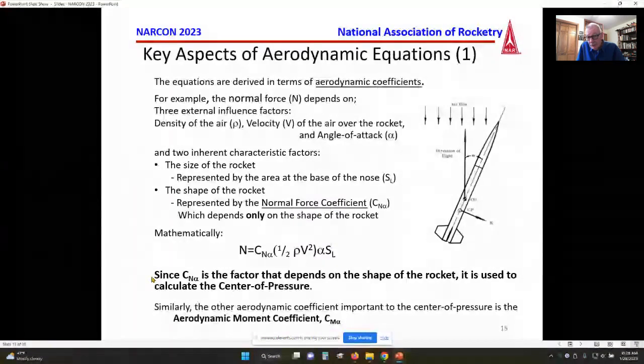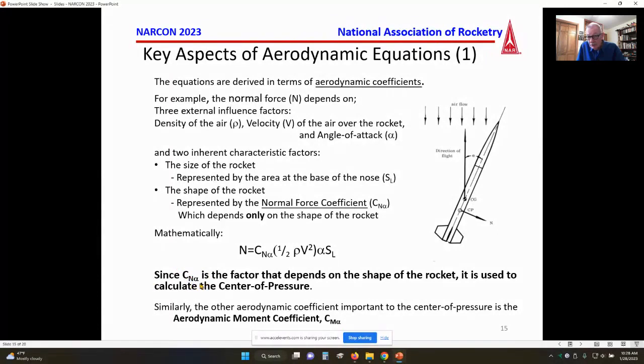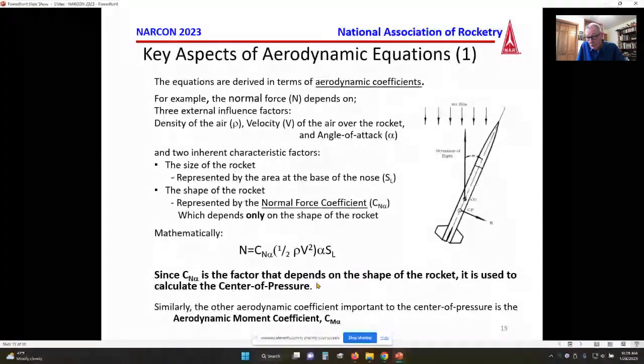Now, the Cn alpha, this is actually the slope of the normal force curve on the rocket with angle of attack, is a key factor that depends on the shape of the rocket. And so that's what we use to calculate the center of pressure.